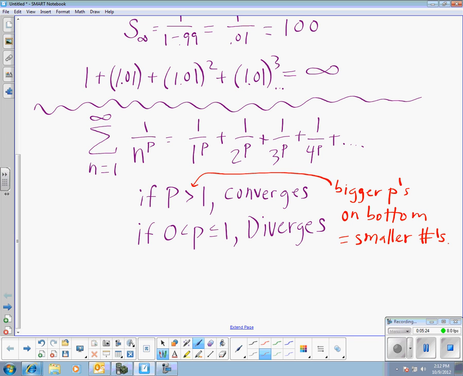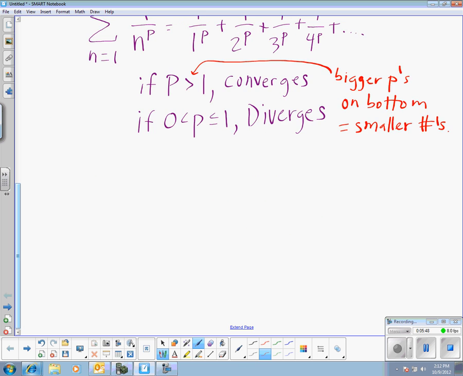So if you have a larger value on the bottom, that's a smaller value overall, and smaller values are more likely to converge than larger values. So that little hint in red is just to help you sort out. If you remember that the cutoff is 1, but you can't remember which one is which, just remember larger values on the bottom means smaller values, which mean that's more likely to converge. So anyway, just a couple of examples.